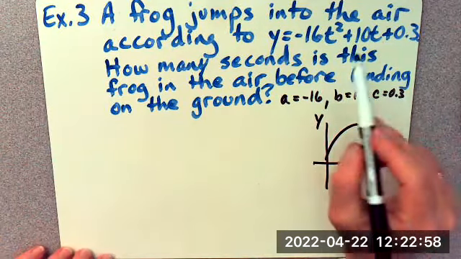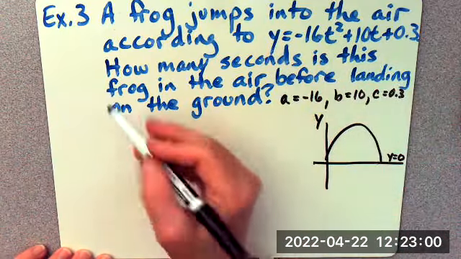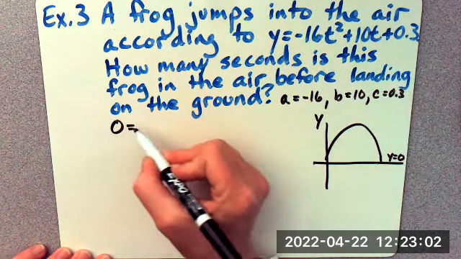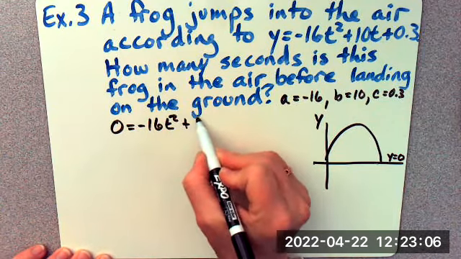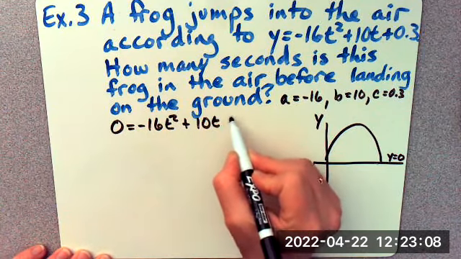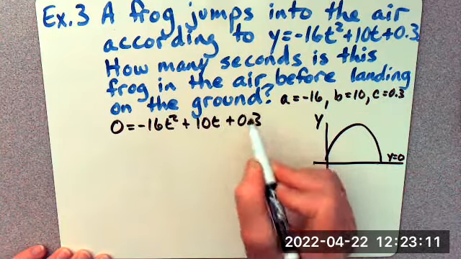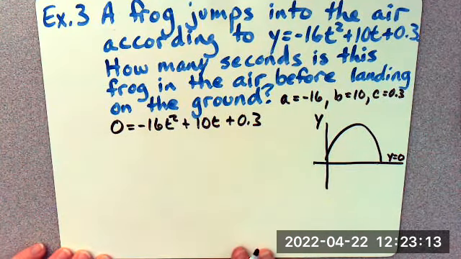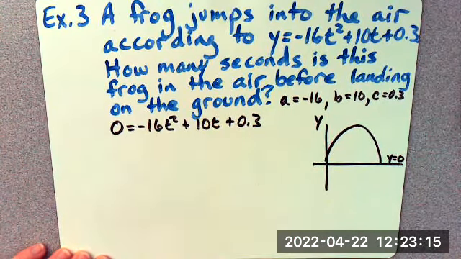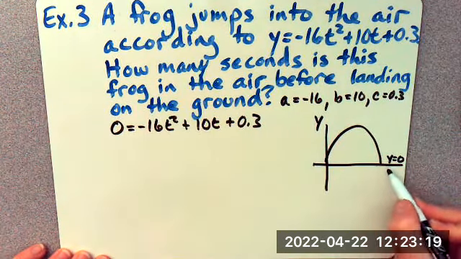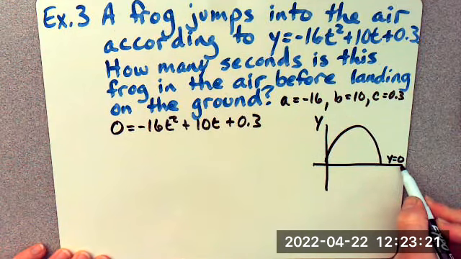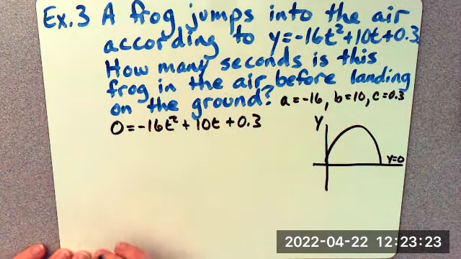So we can use the quadratic formula by saying this is 0 equals -16t squared plus 10t plus 0.3. So instead of blindly applying the quadratic formula, this is actually what we're doing. We're trying to find when the height is 0 again, that's how long it took for the frog to jump.